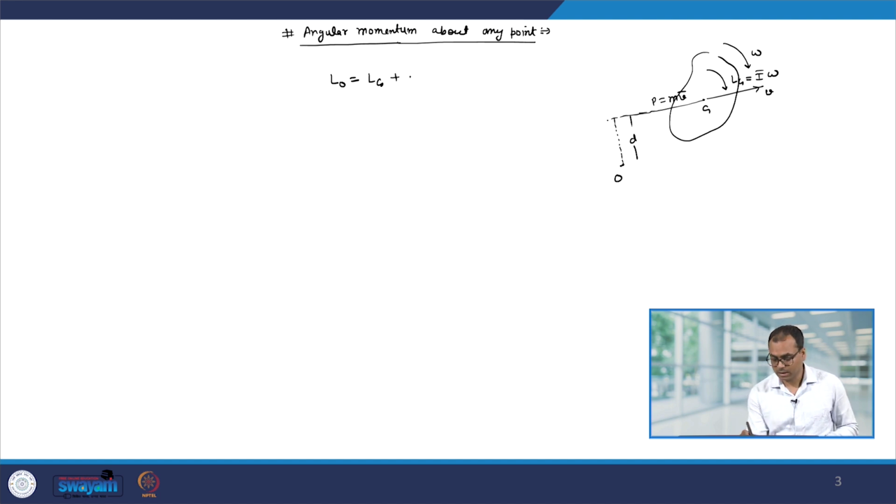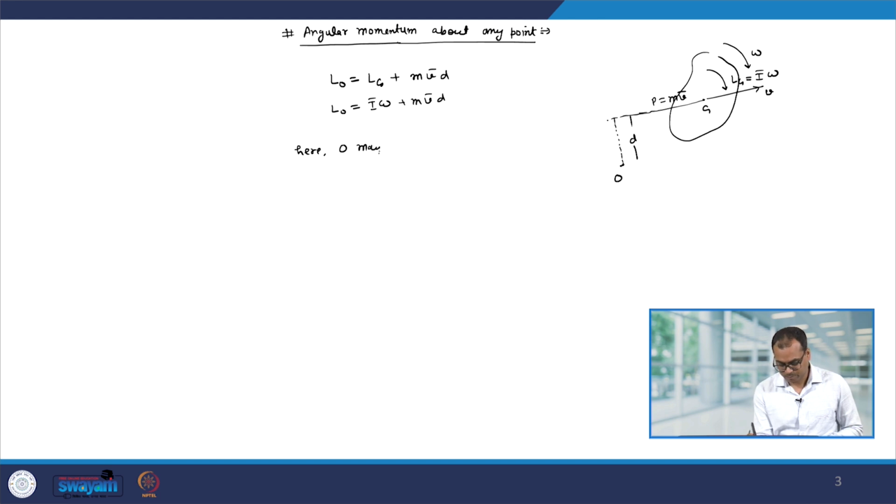The momentum is mv, and you have to multiply by the perpendicular distance, which is d. Therefore, L_O will be I bar omega plus mvd.